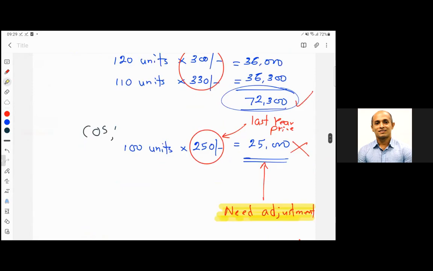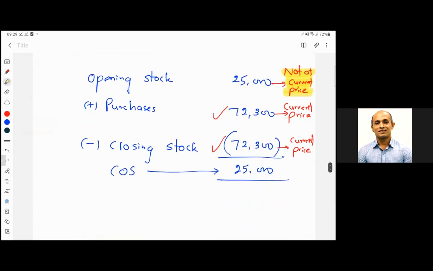Then your opening stock increases by 26%. Then how much is the adjusted opening stock? It is 25,000 increased by 26%, so multiplied by 126%.